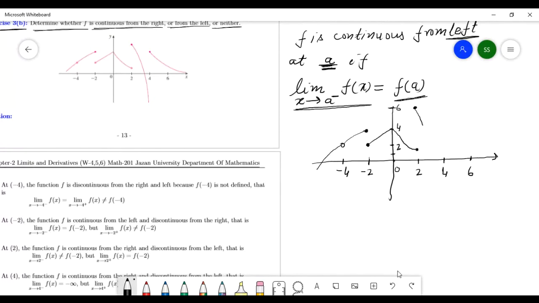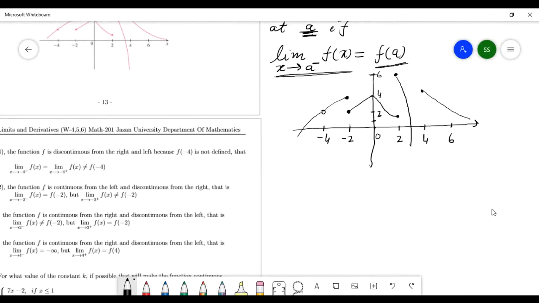Coming this way. Right. I'm going this way. This is the function. So first you check at x equal to -4.